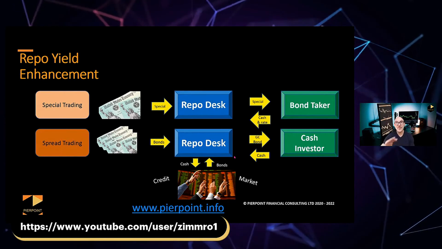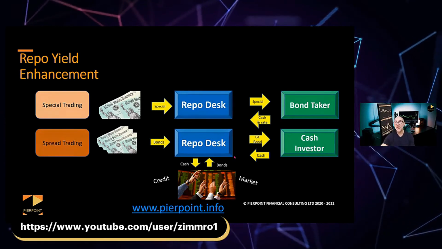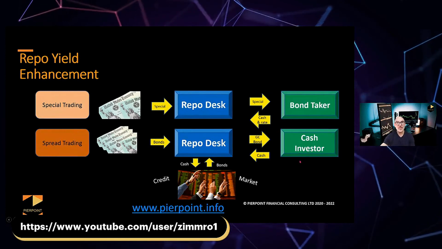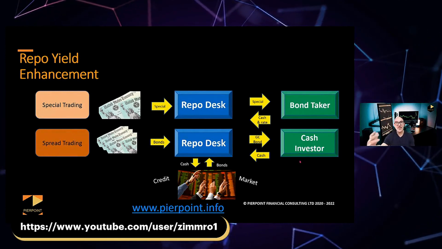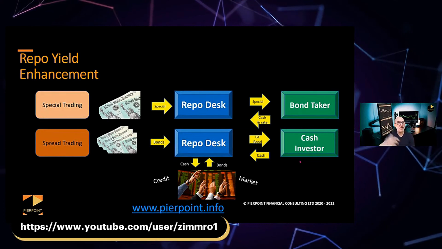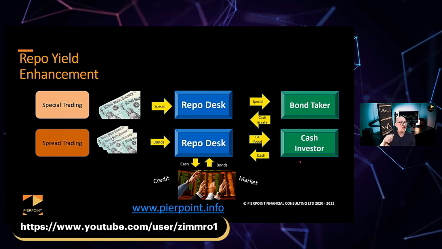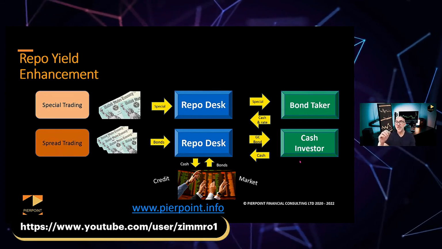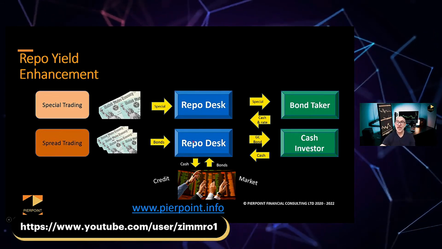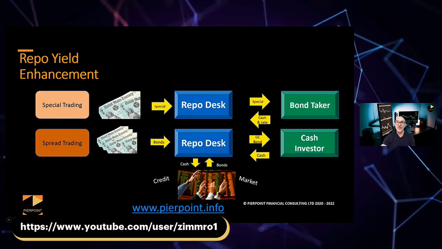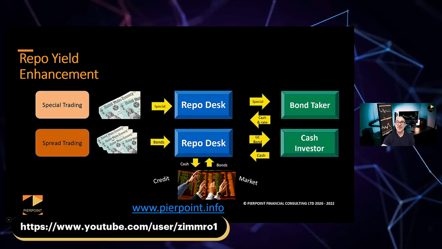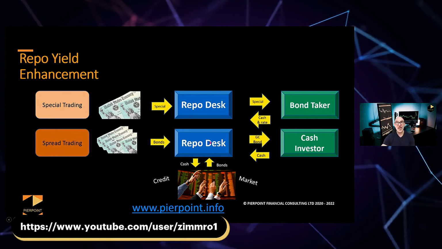They've got a big enough inventory that if it's not that bond, it'll be that bond. The cash investor is now holding very liquid assets that they know that in the event the counterparty defaults, they can dispose of. So they don't really need a high interest rate charge to compensate them for the risk that they're taking. And that repo desk, now having borrowed cash at one level, can now lend that cash out and get bonds as collateral back.